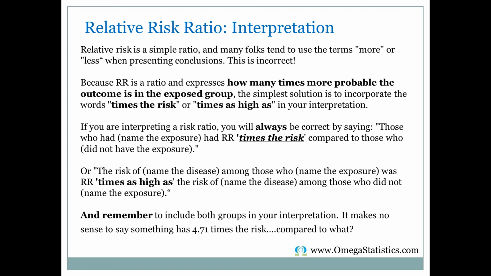So if you're interpreting a risk ratio, you're always going to be correct by saying those who had, name the exposure, had a relative risk, put the times the risk, compared to those who did not have the exposure. You're always going to be safe saying it this way. Or you can say times as high as, okay? And like I said, remember to include both groups. You have to say times the risk as compared to who, what, right?